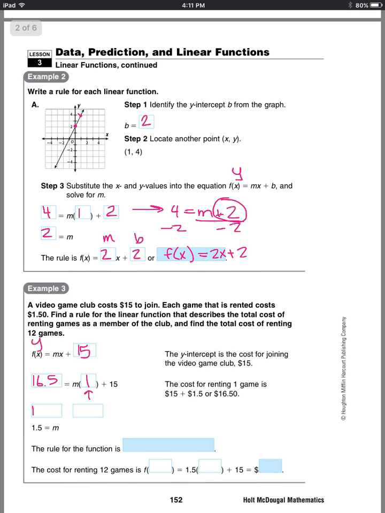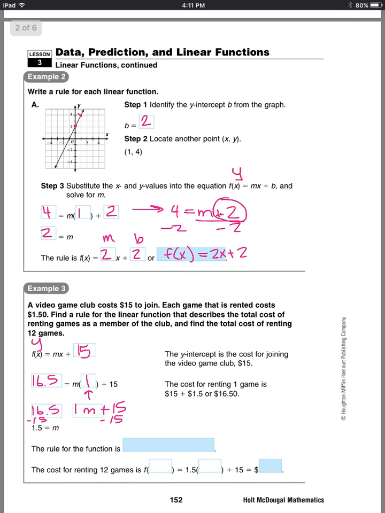So we get 16.5 equals 1m plus 15. Now we subtract 15 from both sides, and we get 1.5. So renting one game is $1.50. We already knew that, but that helps us check it out. Okay?